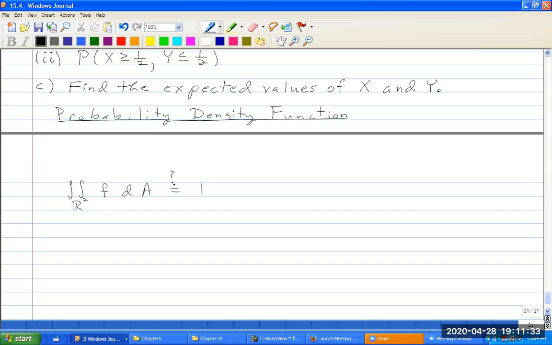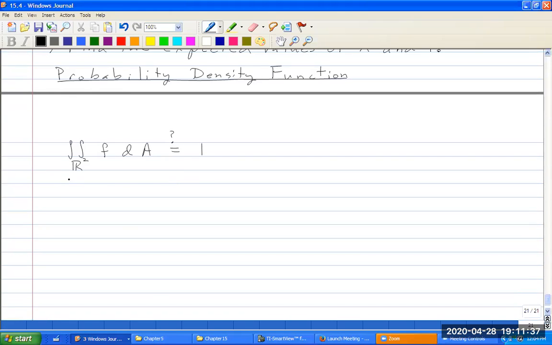Should equal 1. So let's show this. So let's integrate everywhere. Well, in this case, it's 0 outside of this unit cube, or unit square. So I'll just integrate inside the unit square.